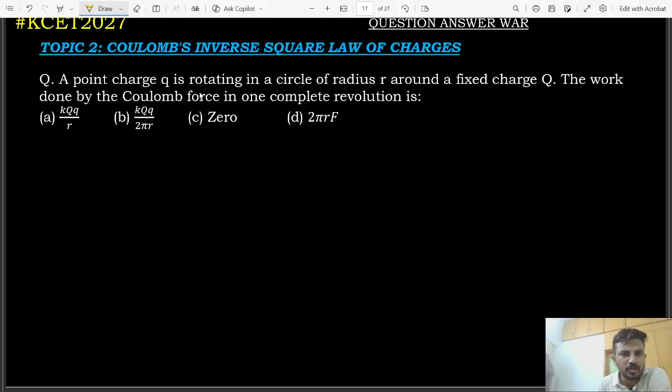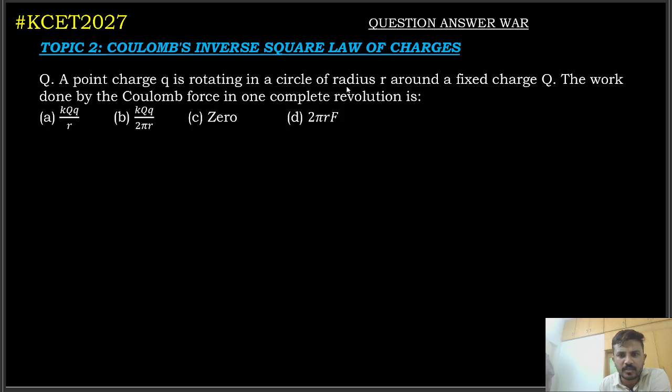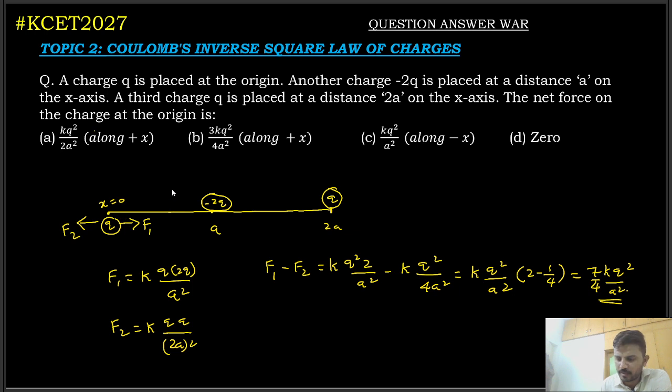A point charge small q is rotating in a circle of radius r around the fixed charge capital Q. The work done by Coulomb force in one complete rotation is?